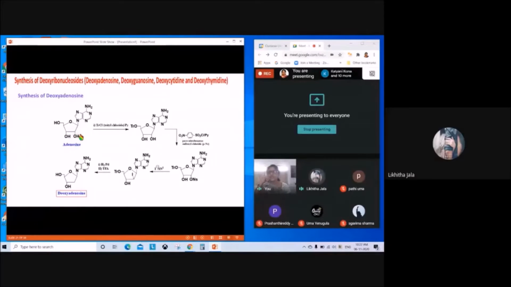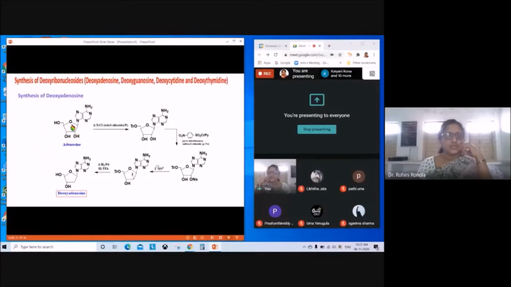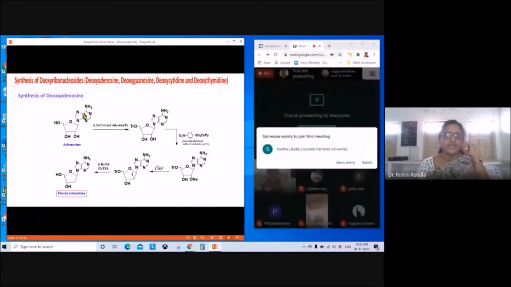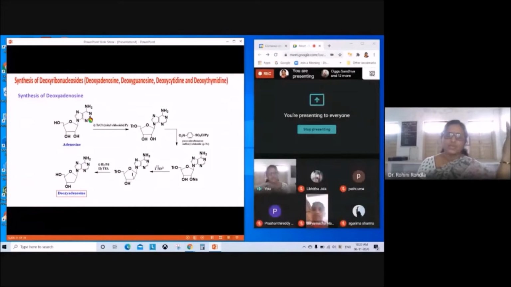Just oxygen. At the C2 position, C2 carbon has a hydroxy group in RNA nucleoside, but in the case of deoxyadenosine there is no OH group, that means there is no oxygen. So that is why we have taken adenosine.